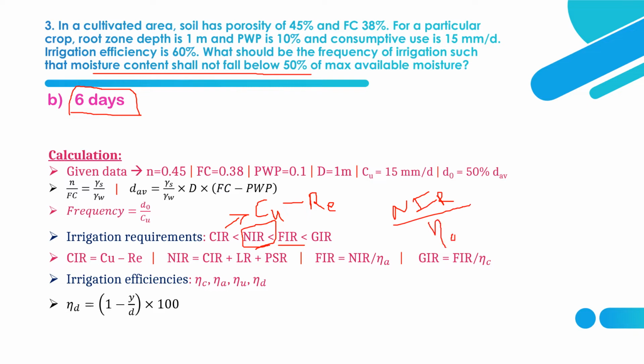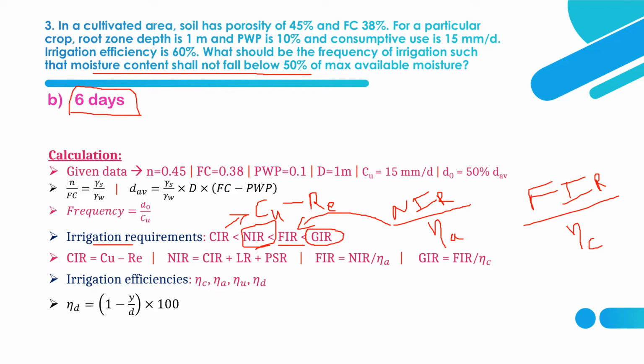Water application efficiency is denoted by eta A. So NIR divided by eta A gives FIR. And the greatest value is gross irrigation requirement, which is FIR divided by conveyance efficiency, eta C. These are some basic formulas and concepts in irrigation requirements.